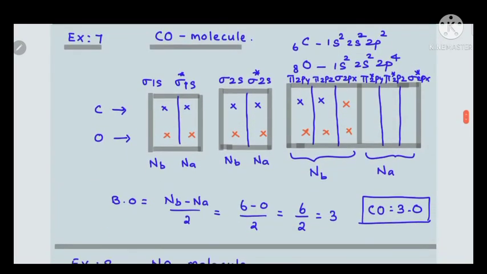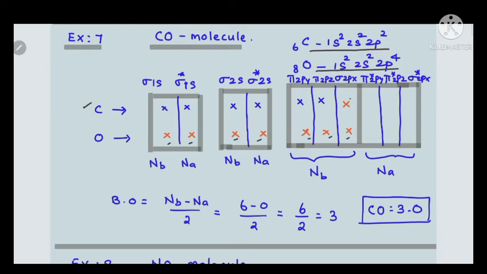Then the next example, heteronuclear molecules such as carbon monoxide. Here the carbon electronic configuration is this one, and similarly I have given the configuration of oxygen also. Carbon has 2 plus 2, 4 plus 2, 6 electrons. Oxygen has 8 electrons in total: 2 here, 2 more 4, 5, 6, 7.